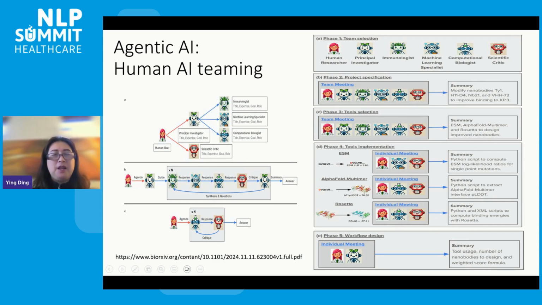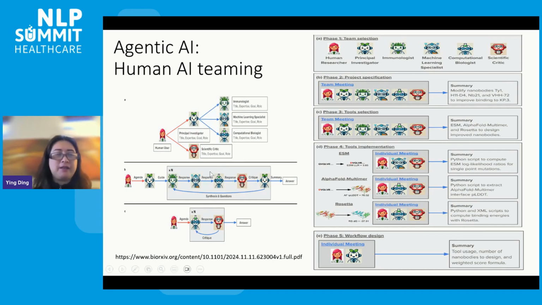Depending on the goal, the PI agent decided it needed 3 other agents: an immunologist, a machine learning scientist, and a computational biologist. They work with these agents in a round-robin style of discussion. The immunologist talks to the data scientist, who talks to the computational biologist, then the critic, then the PI, and that makes a turn.